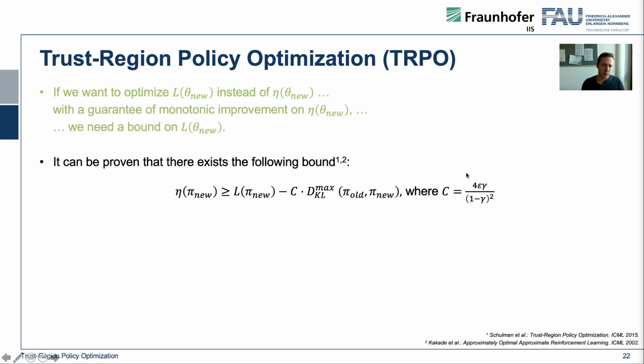And there is a proof that there is a parameter set that satisfies the following bound. In other words, it depends on the KL divergence between the two policies, and if the KL divergence becomes too large, this is not guaranteed anymore, and this is the parameter that penalizes this objective.